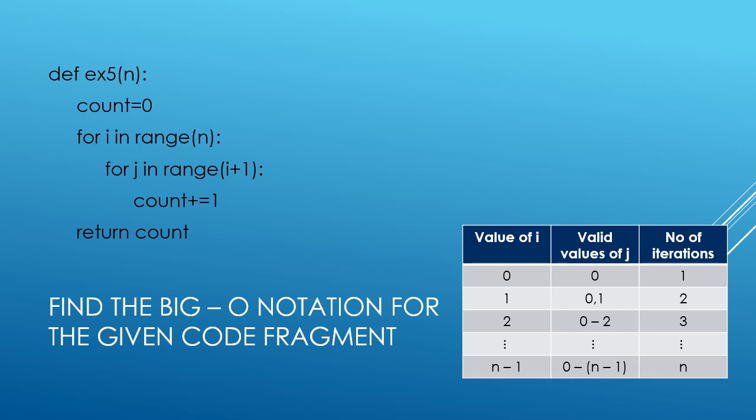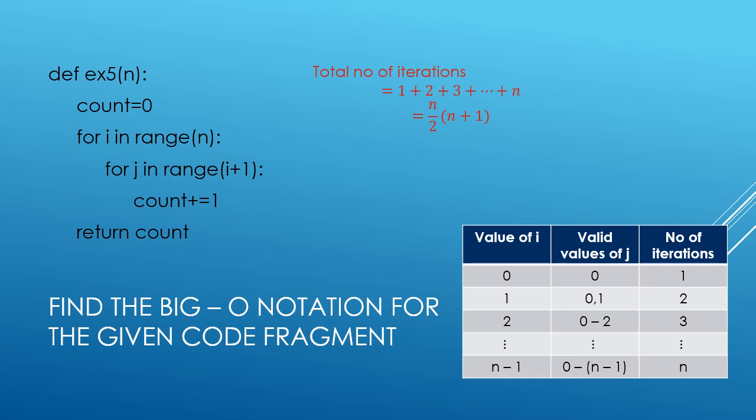Here I have listed the number of iterations for each value of i. If I want the total number of iterations, I should add the last column of the table. Total number of iterations is 1 plus 2 plus 3, continuing all the way to n. And this can be worked out by the summation formula of an arithmetic series.